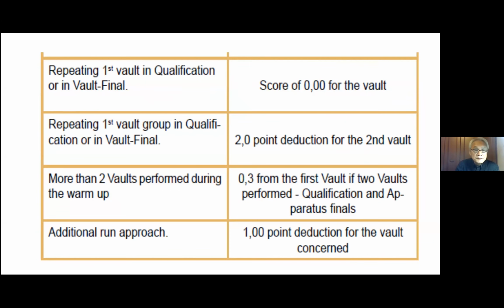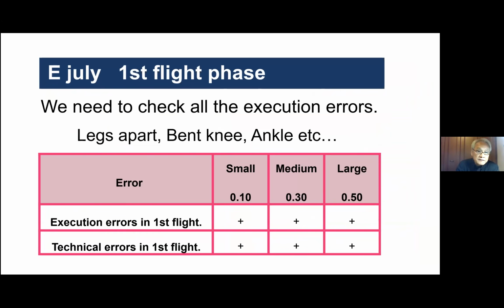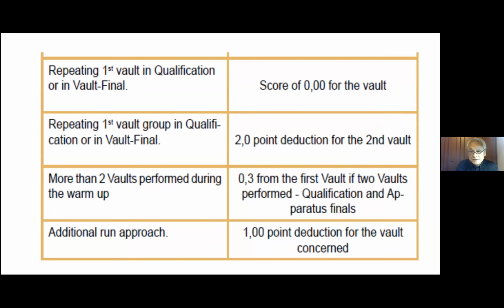Repeating first vault group in qualification or in vault final, it's a 2-point deduction. And more than 2 vaults performed during the warm-up, it's a 0.3 from the first vault if more than 2 vaults performed. And this is the line judge job. Additional run approach 1.0 deduction.